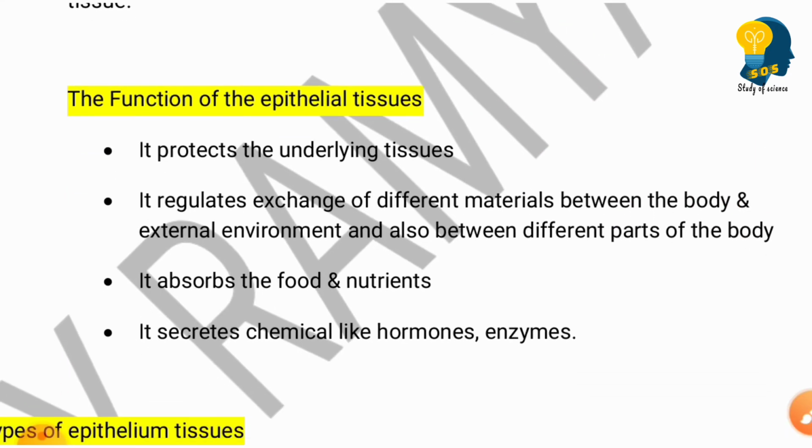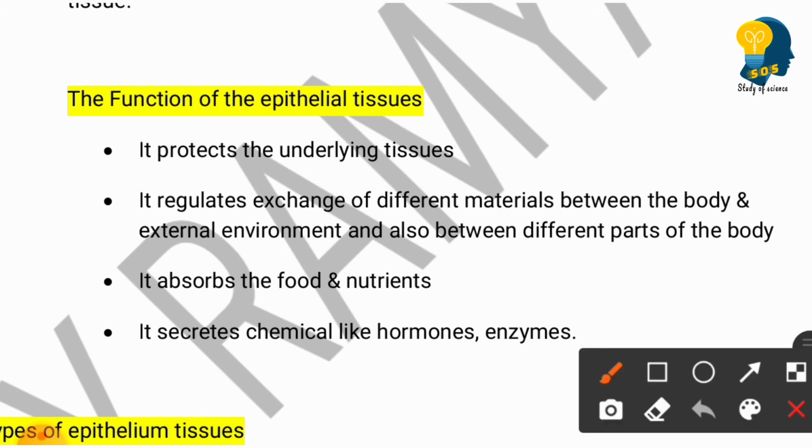Now let us move ahead to understand the functions of the epithelium tissues. The epithelium tissue protects the underlying tissues, that means it protects all the organs present in our body. Next, it regulates the exchange of different materials between the body and the external environment and also between the different parts of the body. What do I mean by that?